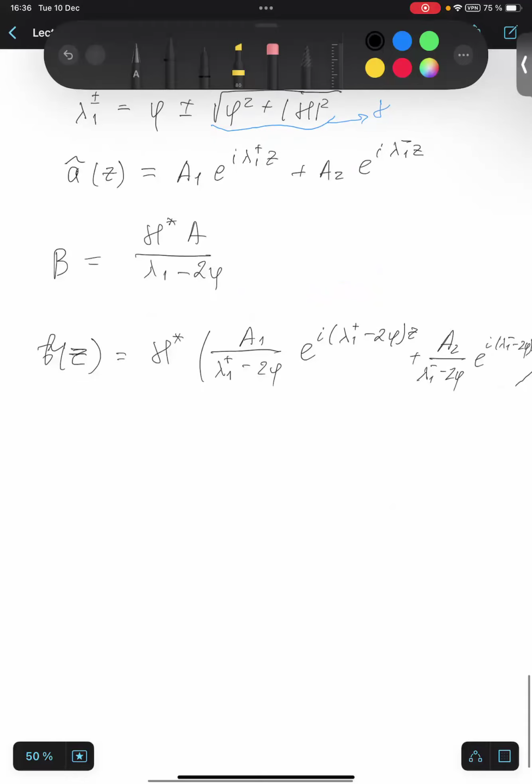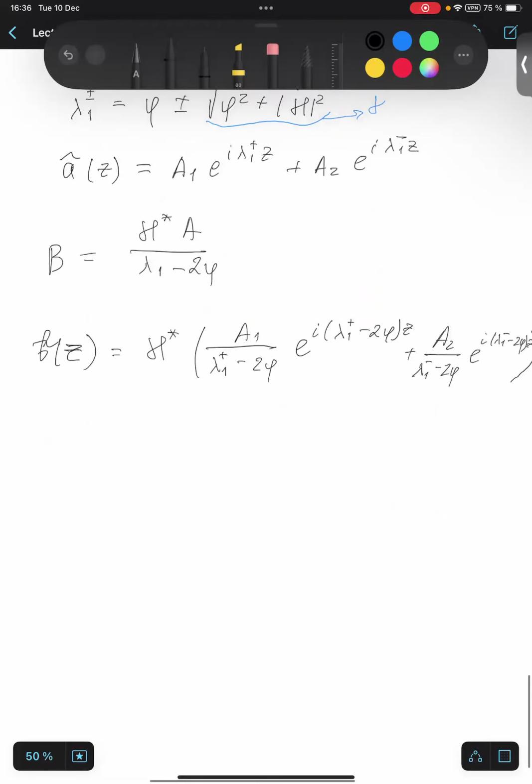And finally, let's write the final expression already with gammas. A1 e^(i gamma z) plus A2 e^(minus i gamma z), times e^(i phi z).